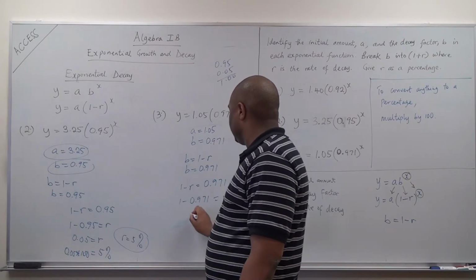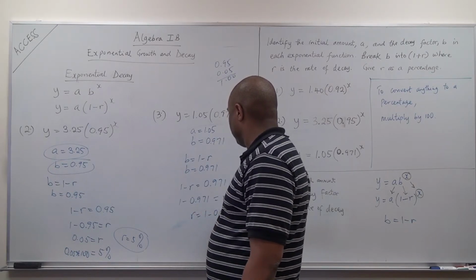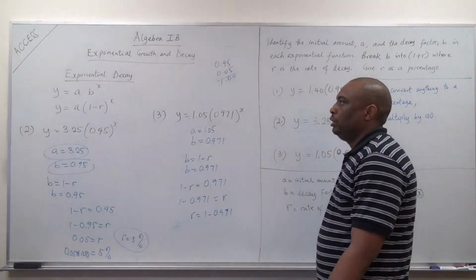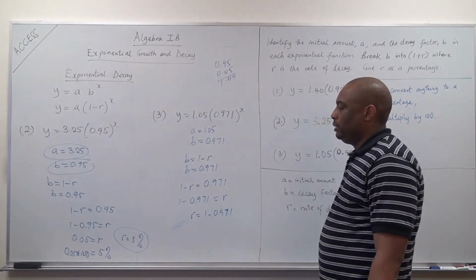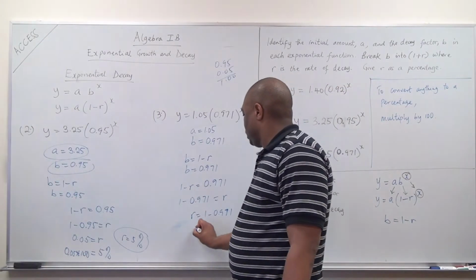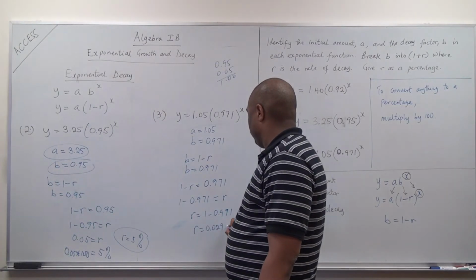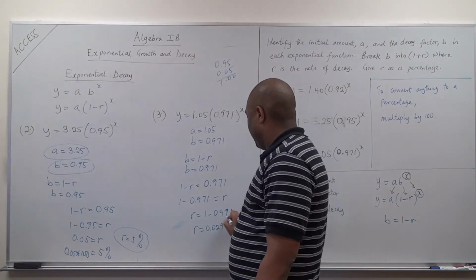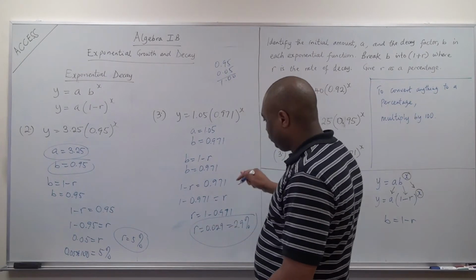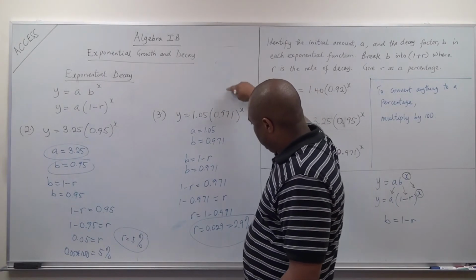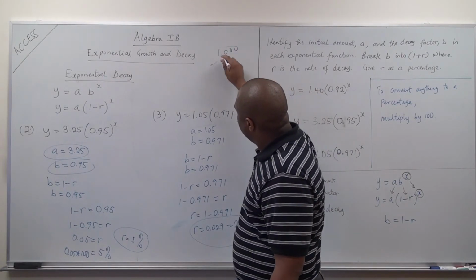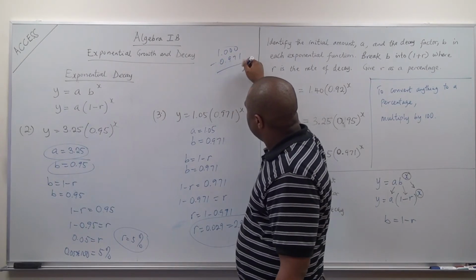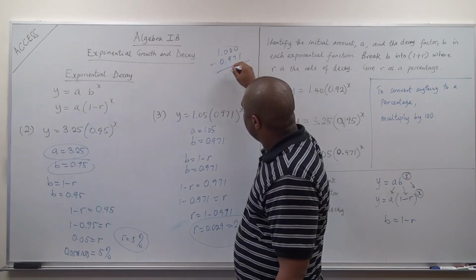Okay, now let's solve this. R is 1 minus 0.971. Of course, this will give you 0.029. But let's be sure. 1.000 minus 0.971: 10 minus 1 is 9, 9 minus 7 is 2, 9 minus 9 is 0.